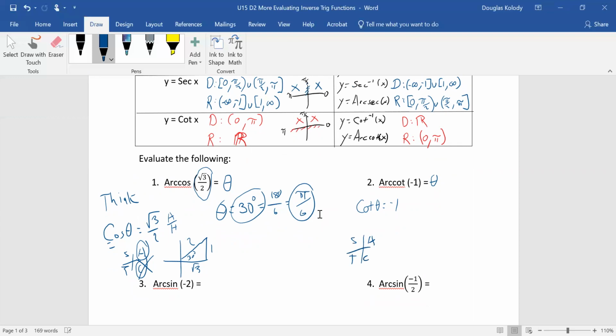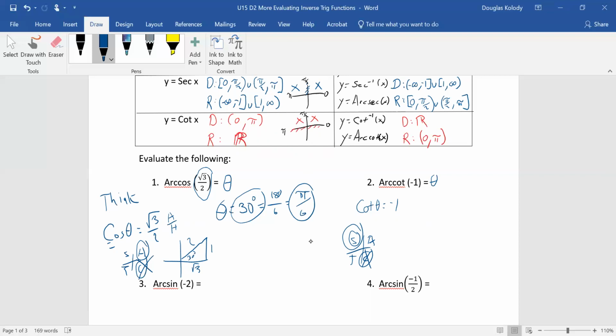I know that cotangent's positive in 1 and 3, and negative in quadrants 2 and 4. But the only one of those that is within the restricted domain is quadrant 2. Why? It's right here. Let me use my cursor. It's right there. That's the only quadrant where it's negative within the restricted domain.